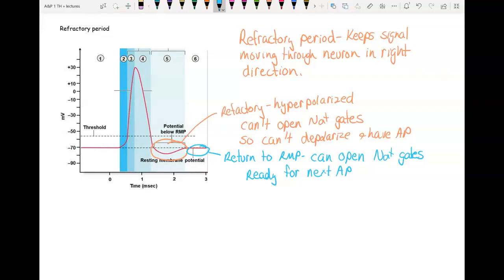So refractory period is the time when the neuron is extra negative, hyperpolarized, and that extra negative charge locks the sodium gates closed. Sodium gates can't be opened if the neuron is too negative.